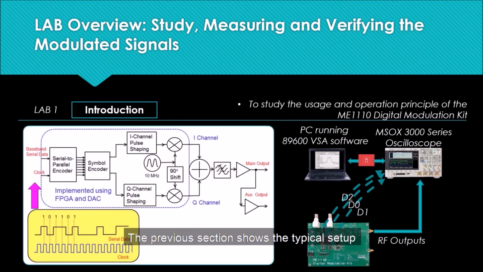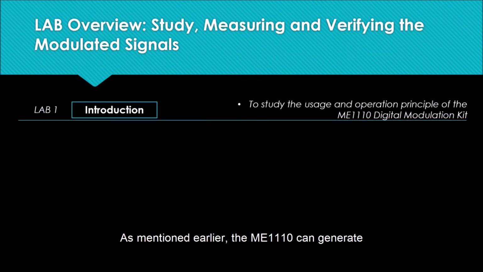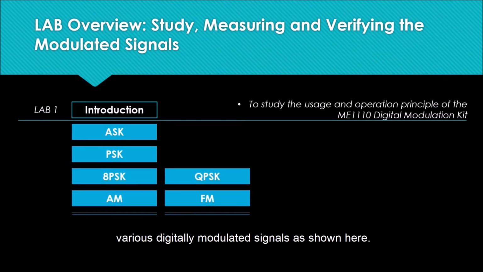The previous section shows the typical setup and the flow of the lab exercises. Lab 1 teaches students how to use and operate the ME1110 digital modulation kit. As mentioned earlier, the ME1110 can generate various digitally modulated signals as shown here.